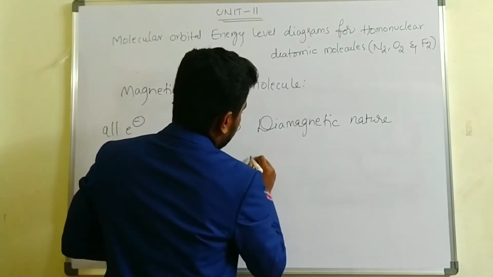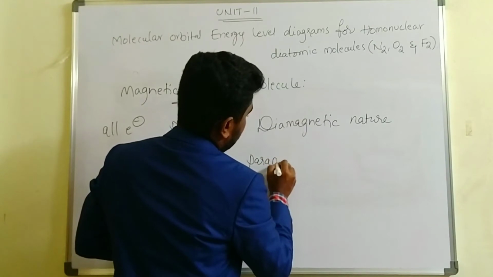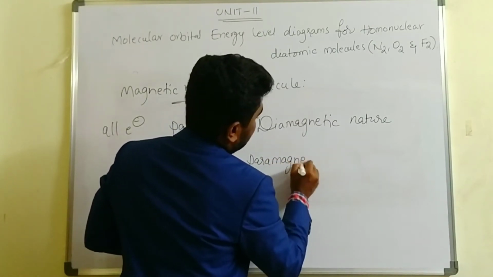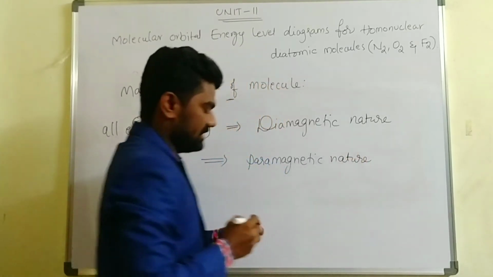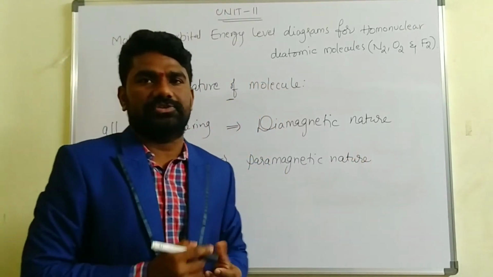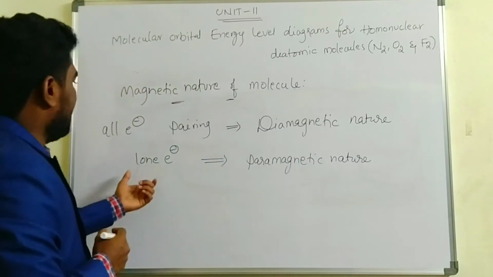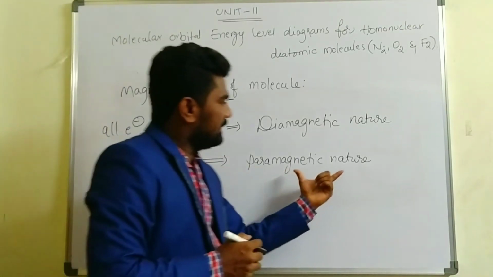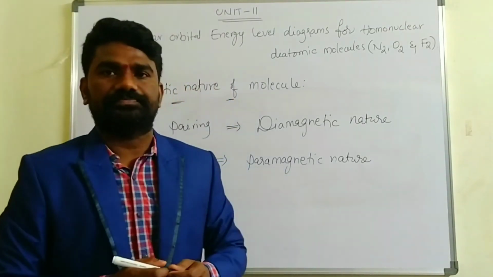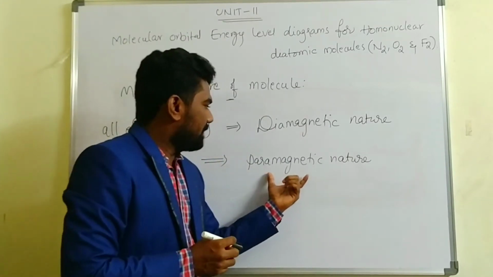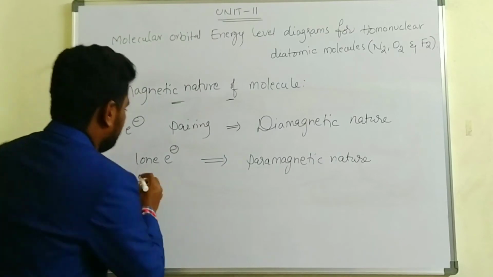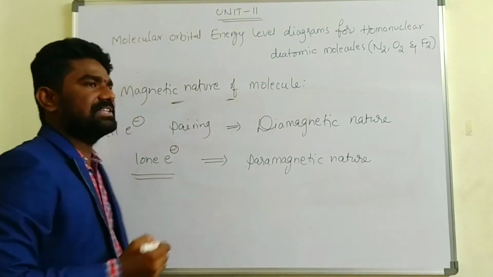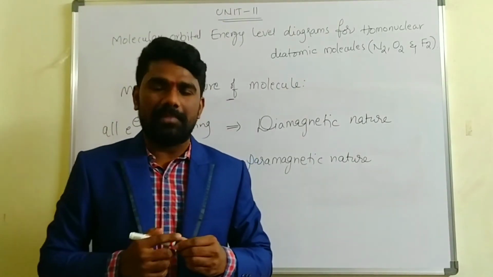The paramagnetic strength is decided by the number of lone electrons present in the molecule.